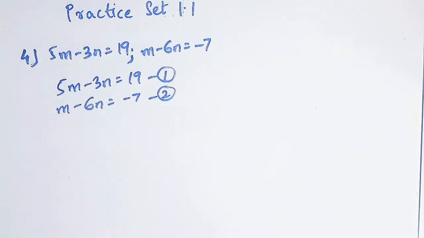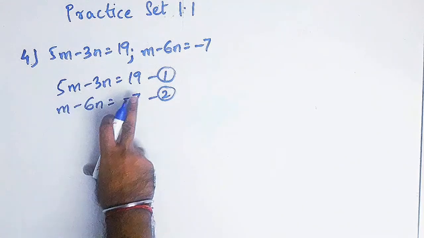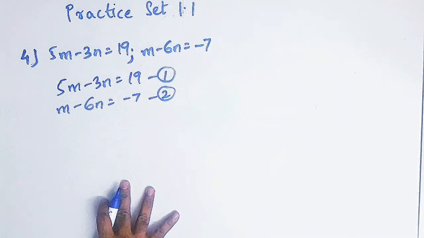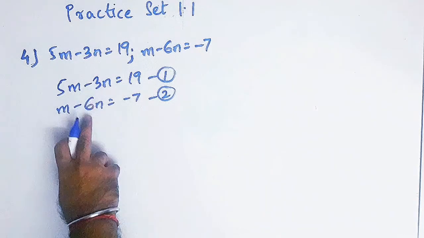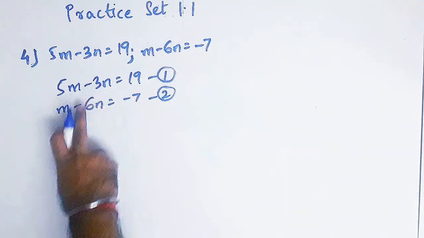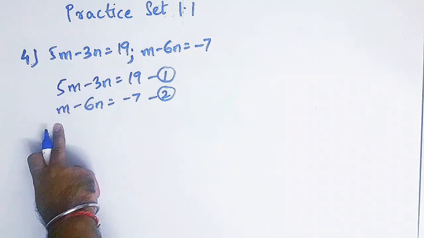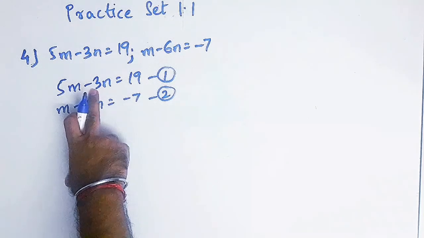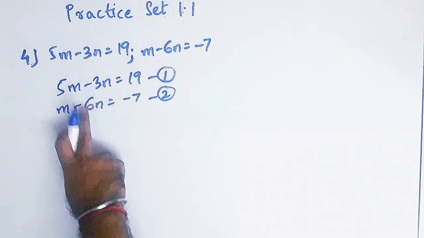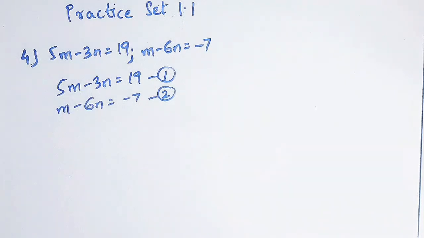Okay, now we can see here the coefficients are different. Here also the coefficients are different. I can however make this 6. 3 I can make 6 to equalize the coefficient.